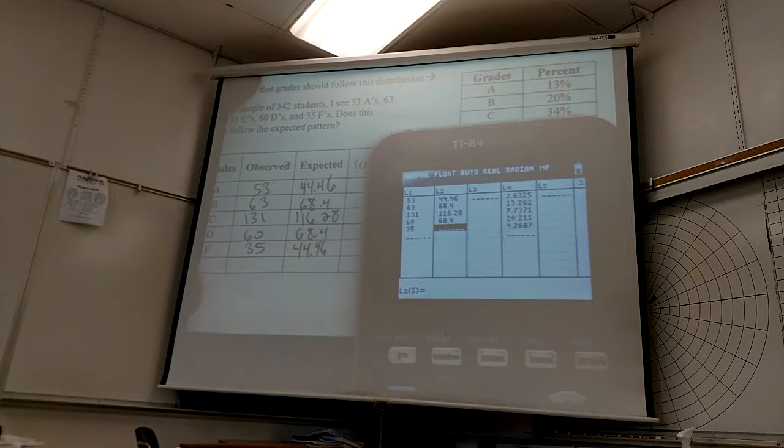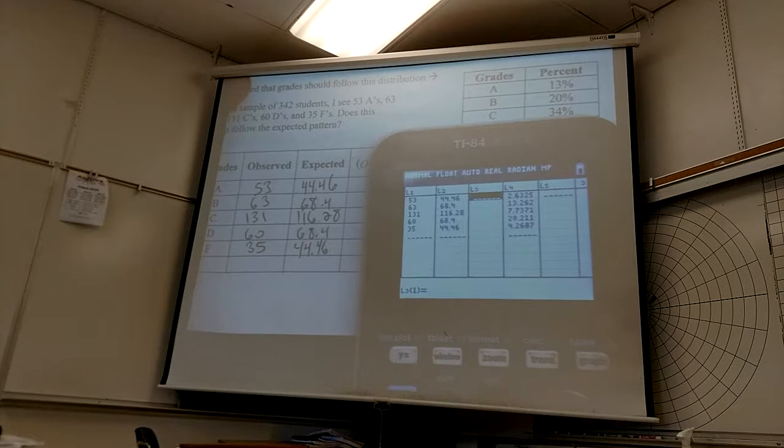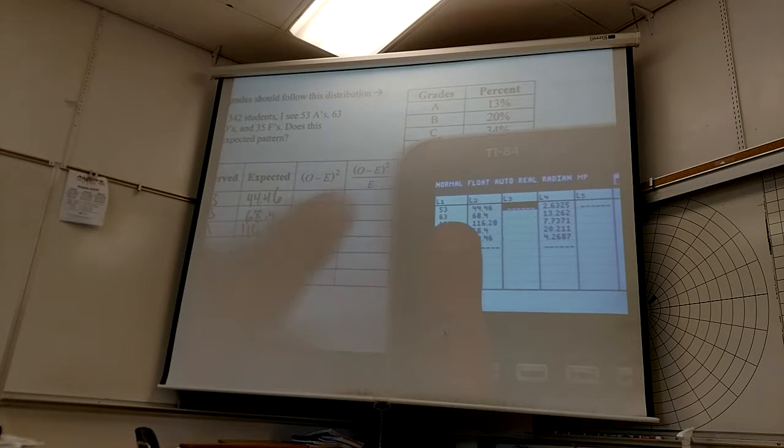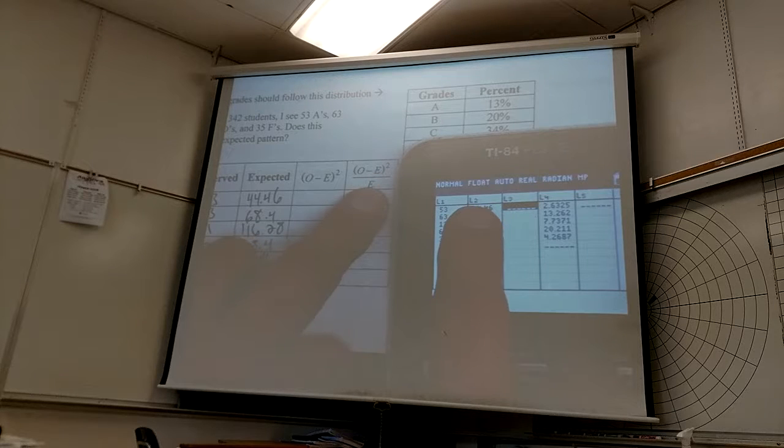I could put in here 0.13 times 342, and it'll do it for me, right in there. And now L3, just to cut to the chase, I'm going to make L3 equal to L1 minus L2 squared divided by L2.